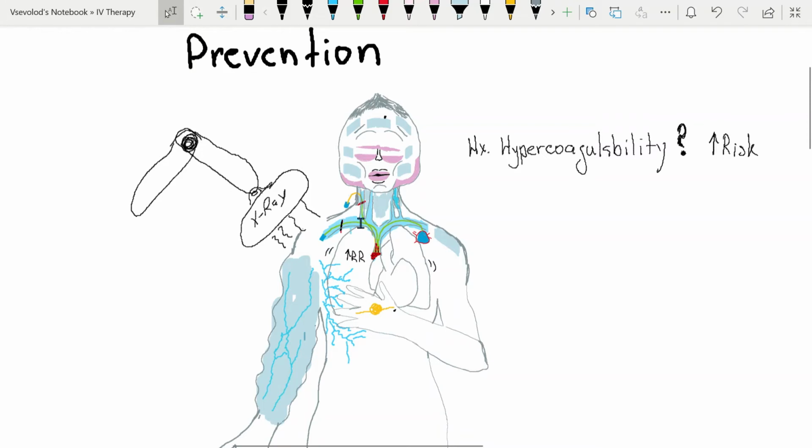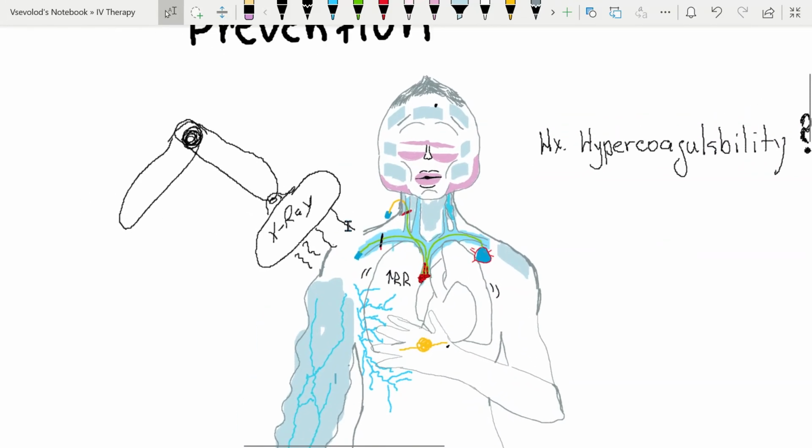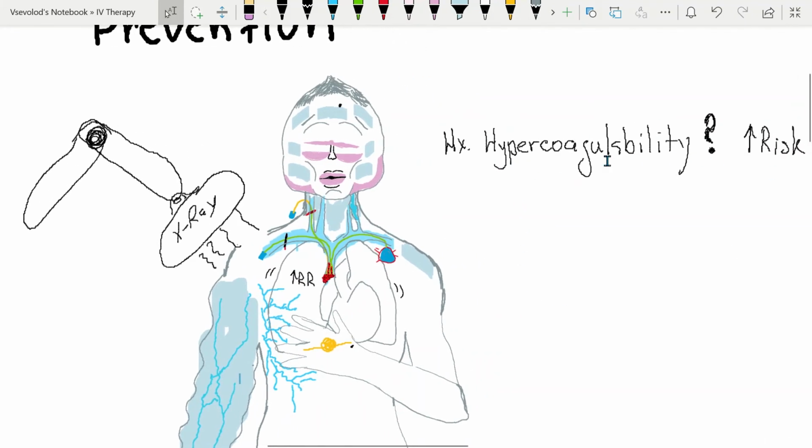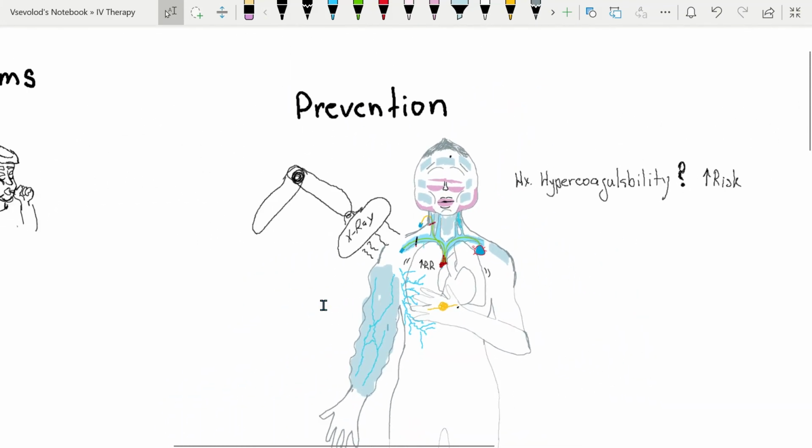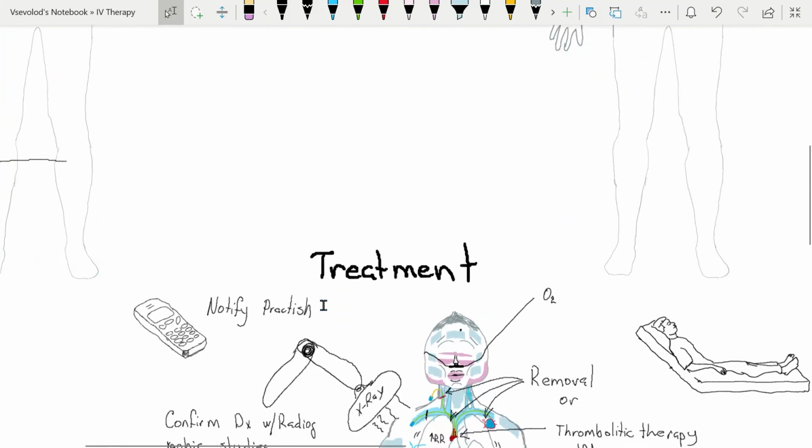Also, before placing multiple central vascular access devices, it is important to consider hypercoagulability, which increases risk of clot formation or thrombus formation in either arterial or venous circulation.